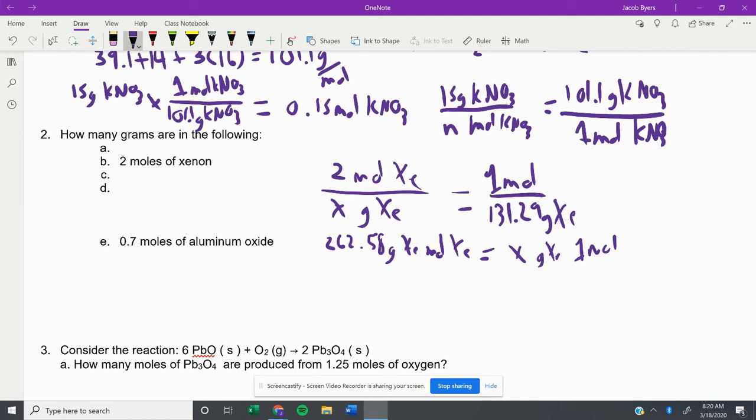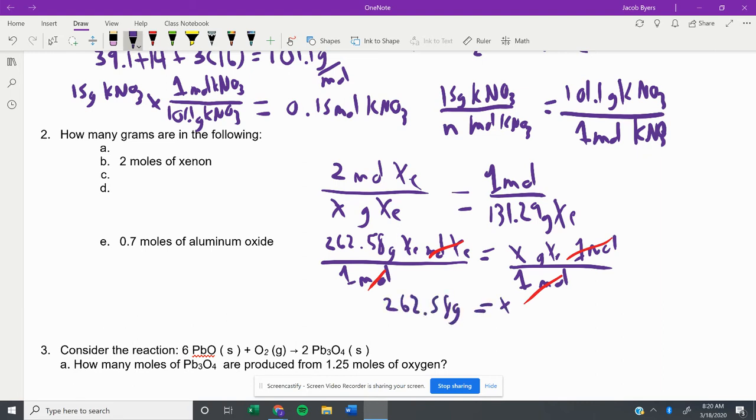We're going to divide by that 1 mole to cancel out moles. So our mole cancels out, mole, mole. We are left with our x in grams is equal to 262.58 grams of xenon.